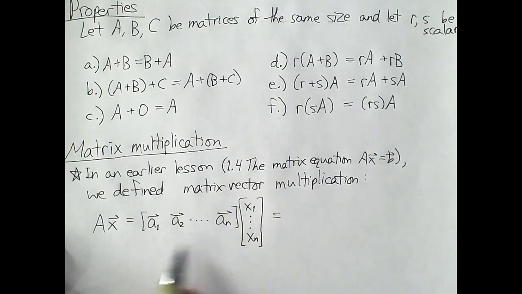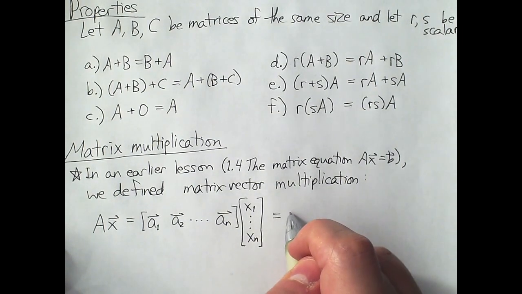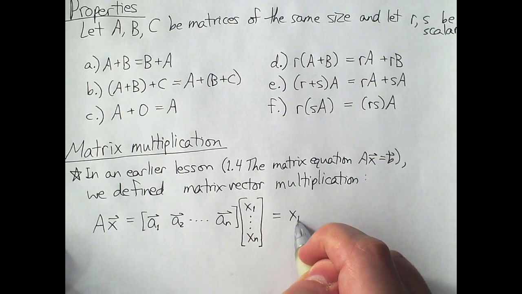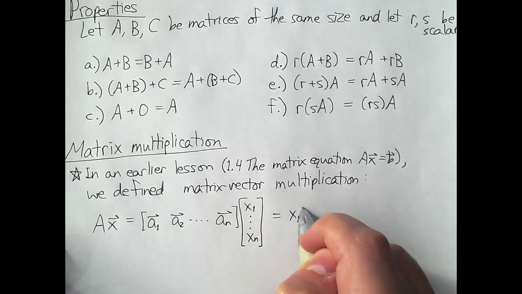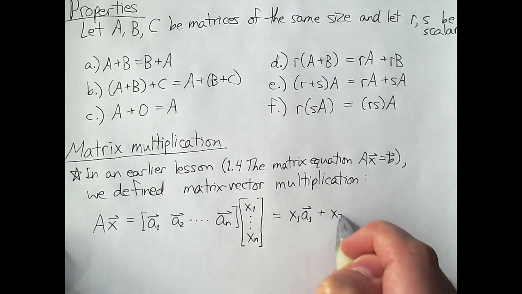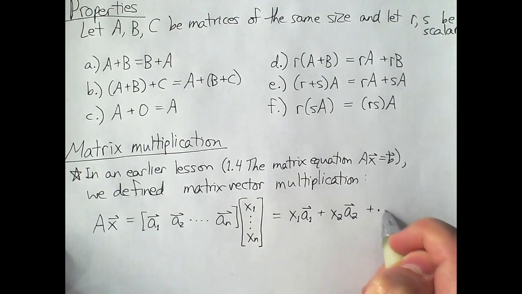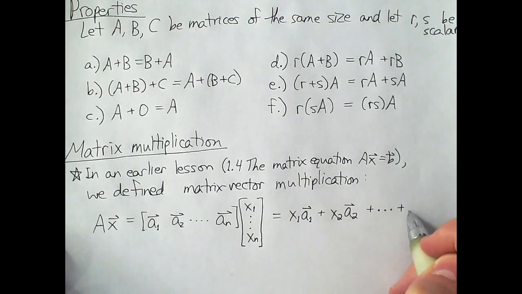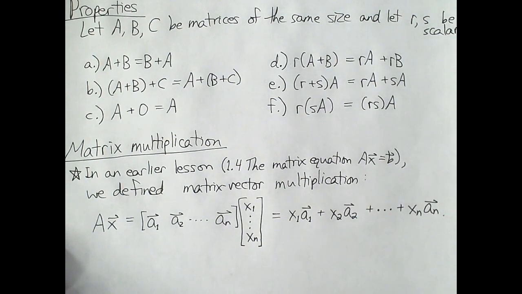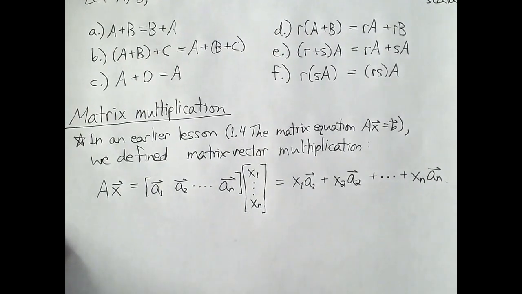So this is a rectangular matrix. This is just a column vector, and we defined it as you take the first entry of X times the first column of A, plus the second entry of X times the second column of A, etc., all the way up until you get to the last entry of X times the last column of A. Does that seem familiar, right?